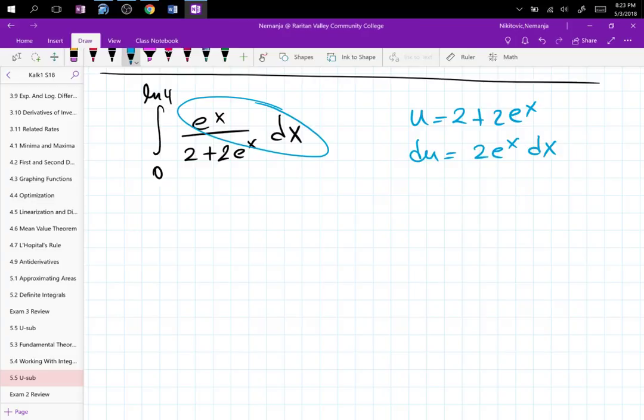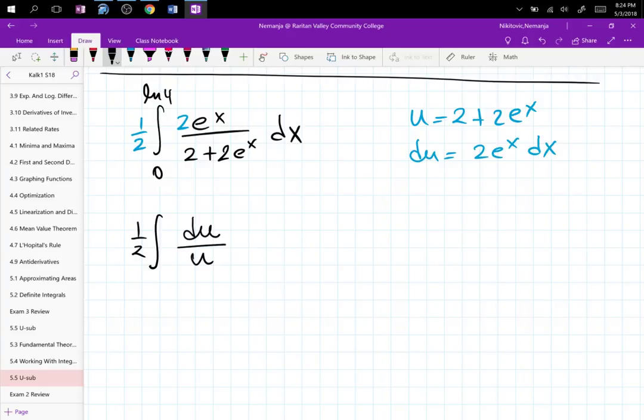I need the 2 too, so I'll fix it. I put 2 in, and I put 1/2 in front to fix the issue for substitution. So now I have 1/2 integral. 2e to the x dx becomes du, and the entire denominator is u.